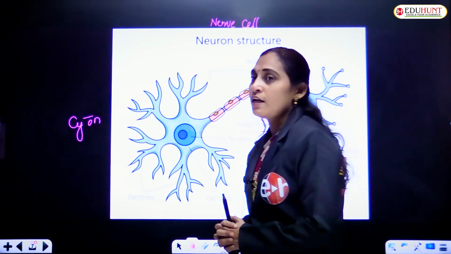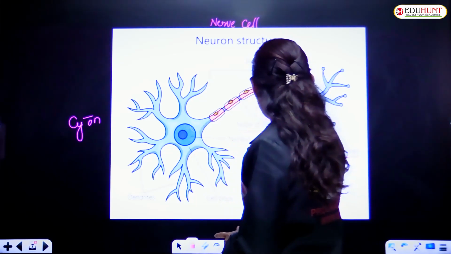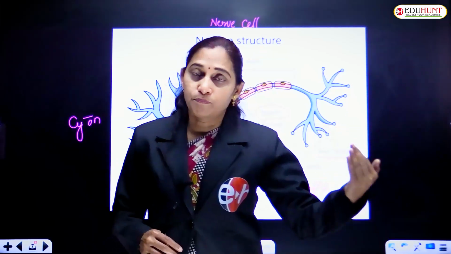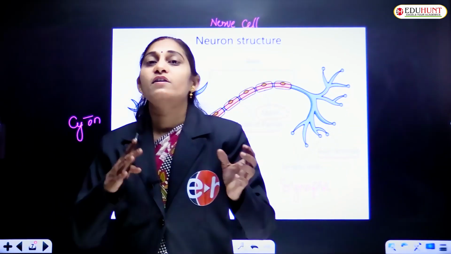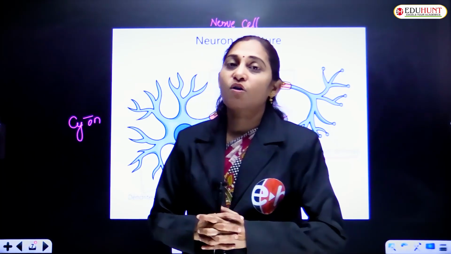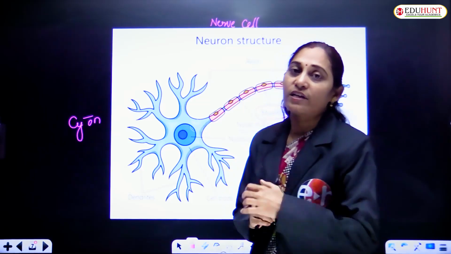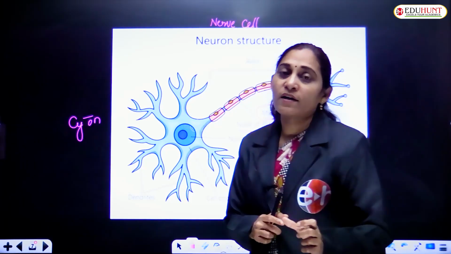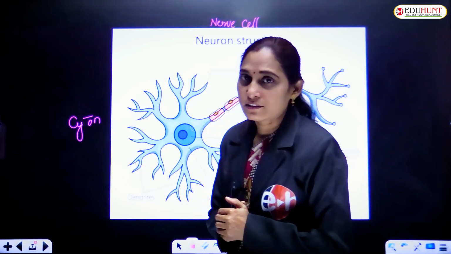The junction between the nerve ends of the previous one and the dendrites of the succeeding nerve is called the synapse, where chemicals are secreted, and the nerve impulse is carried from one neuron to another.